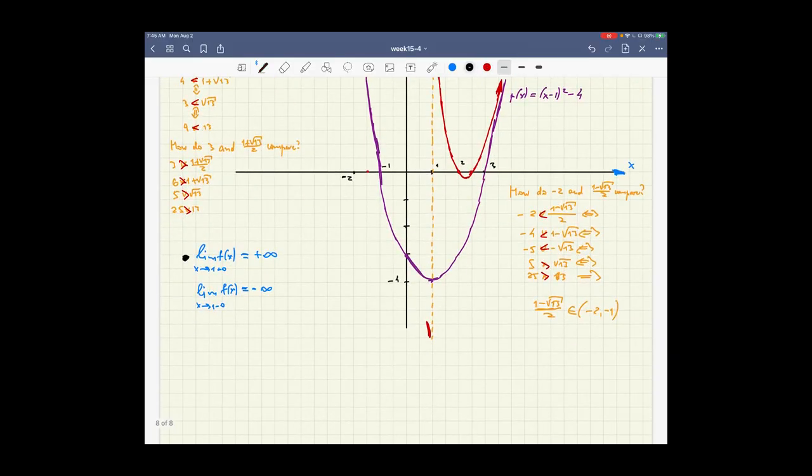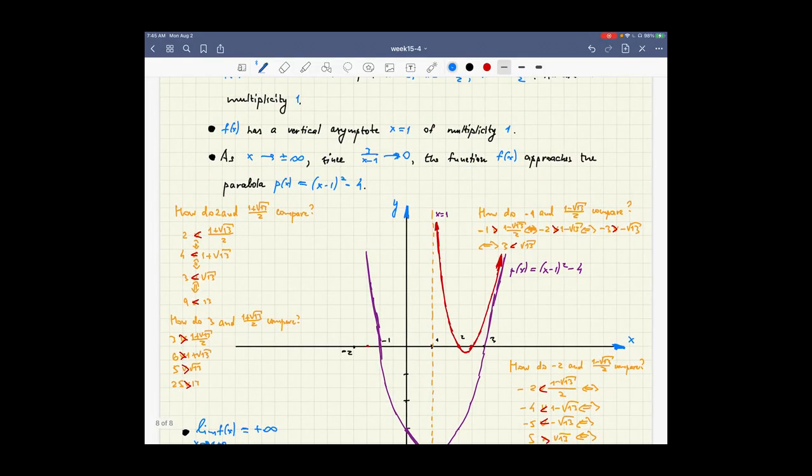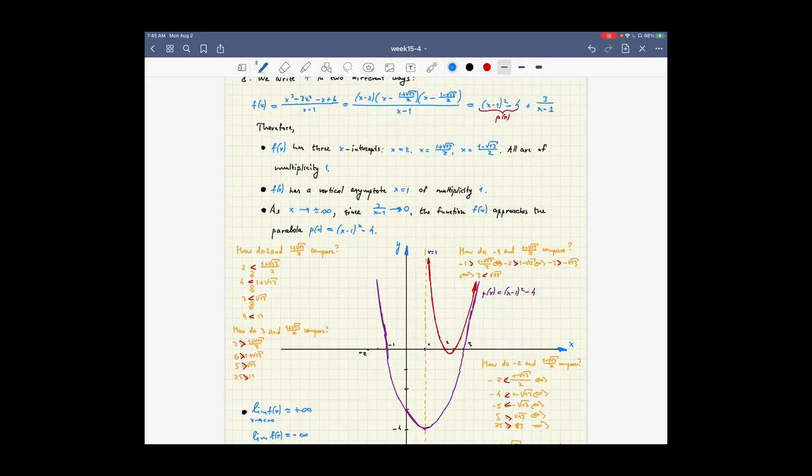I would also compute f at 0, by the way. What is f at 0? So again, remember our function. Well, you can use this formula. So 0 minus 1 is negative 1. Negative 1 squared is 1.